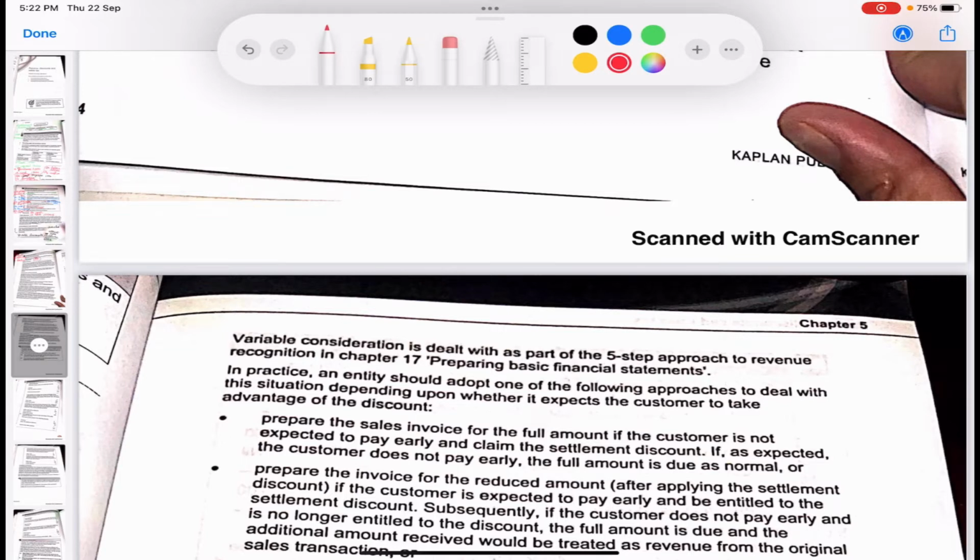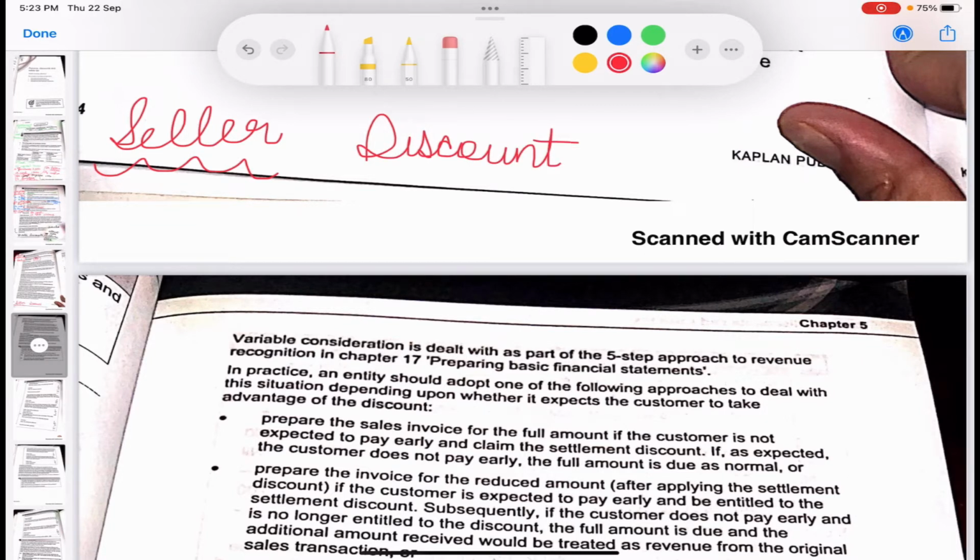So if I am a seller, if I give someone a discount, that will be my discount allowed, right? Because I am providing a discount for someone. And what about the buyer?